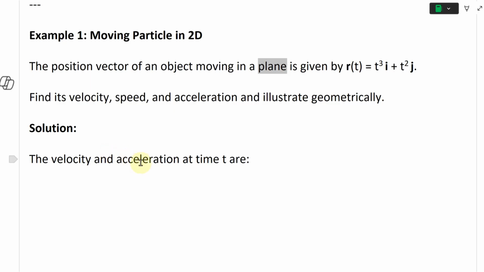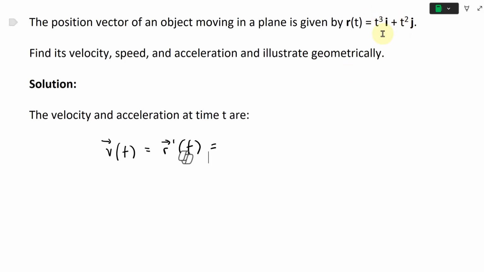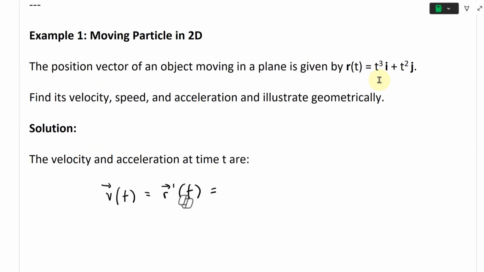So, solution: the velocity and acceleration at time t. So that's r of t. What we'll write here is the velocity, which is the derivative, r prime of t. That equals, there's the t cubed, so take the derivative: 3t squared i plus, and the t squared becomes 2t, the derivative.